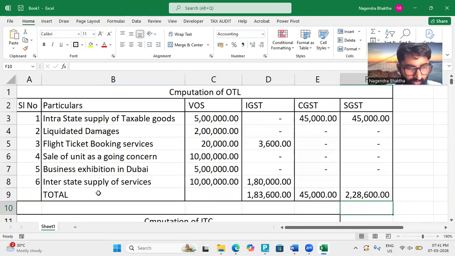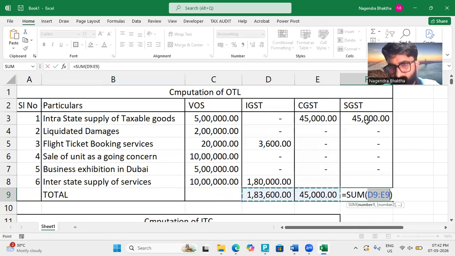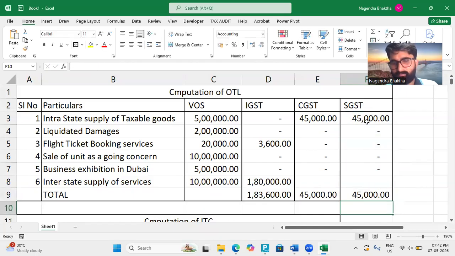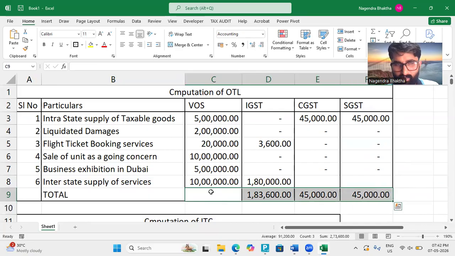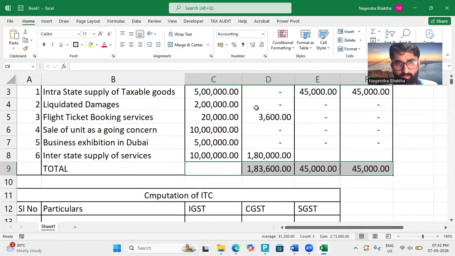This is the total OTL. That is 1,83,600, 45,000 here. Sorry, all sum. This is also 45,000. So total OTL is 45,000, 45,000 and 1,83,600.